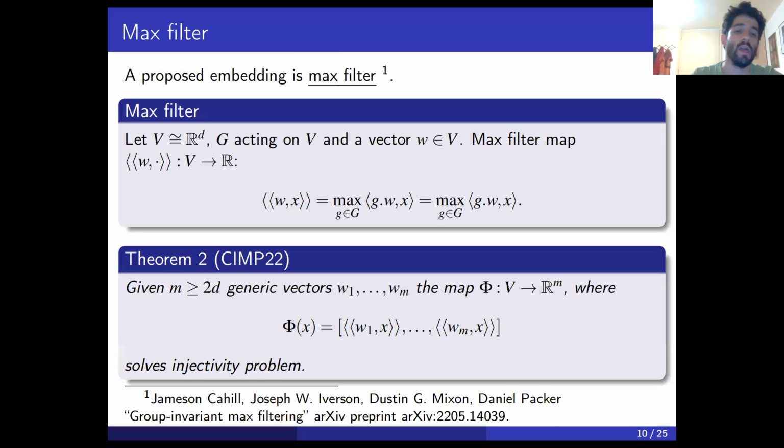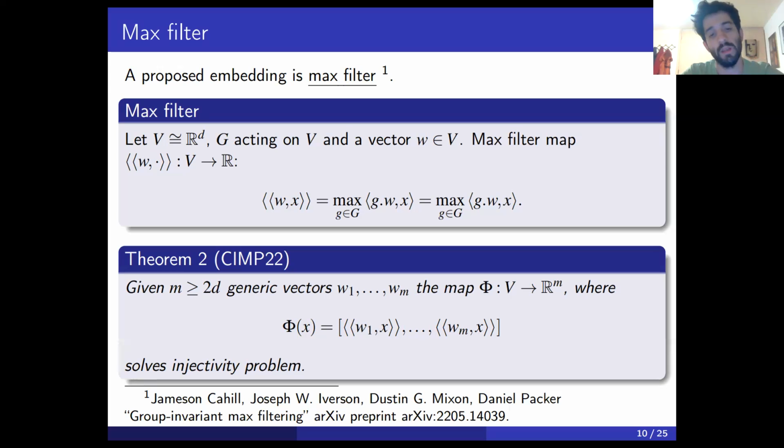And actually, in the theorem, they showed that 2D generic vectors with respect to the max filter solve the injectivity problem, where D again is the dimension of our space. Notice now that here we have just 2D vectors, while before we had 2D plus 1.